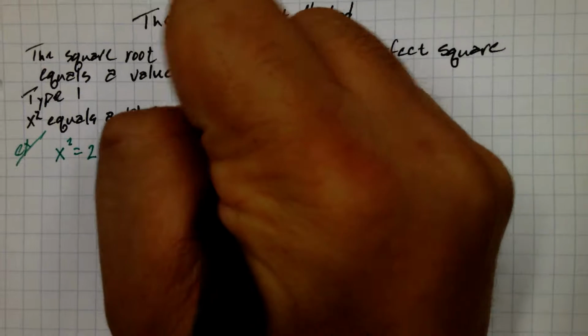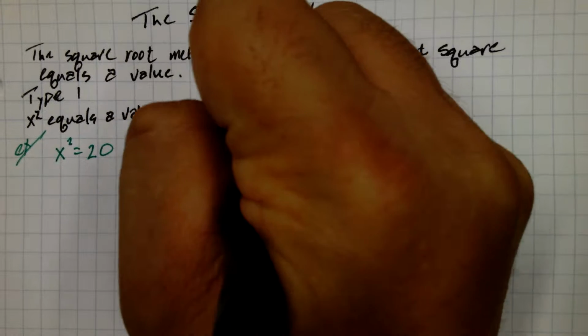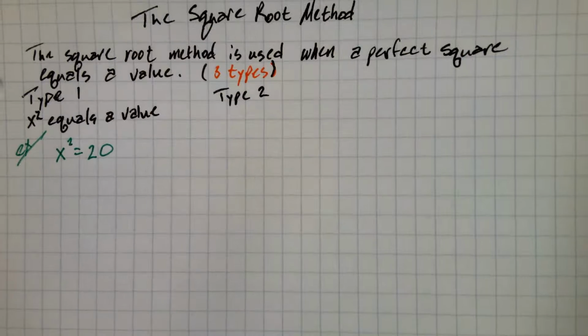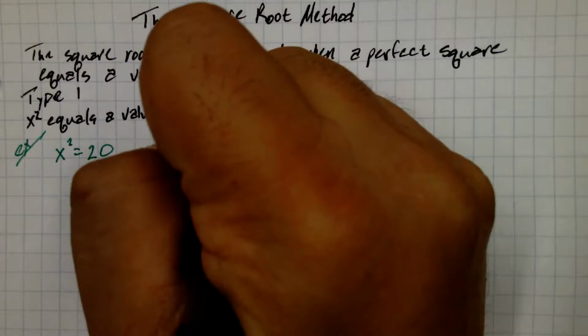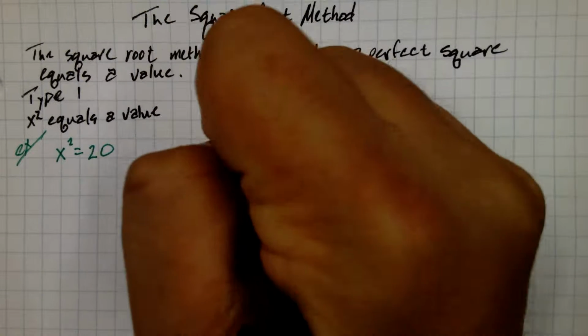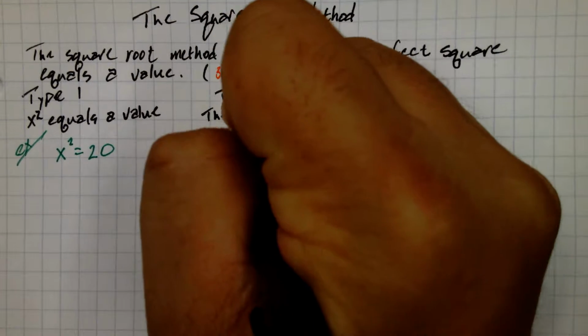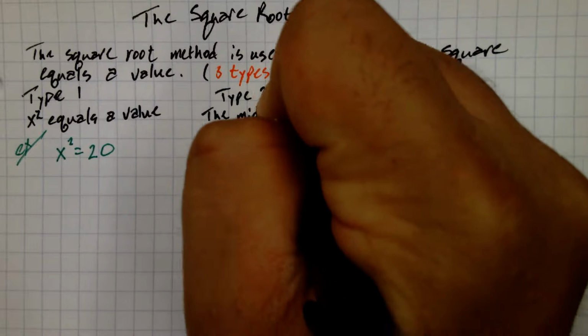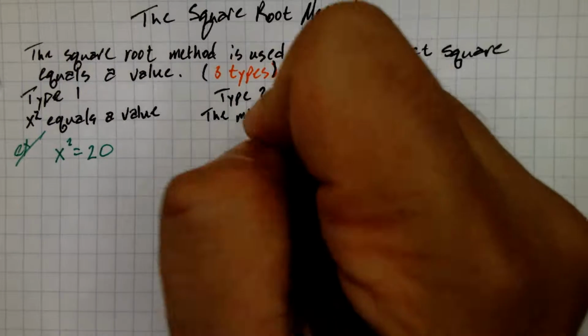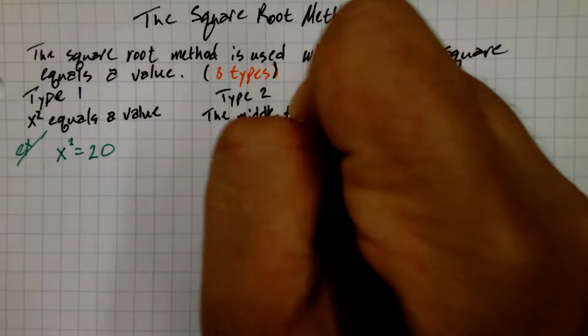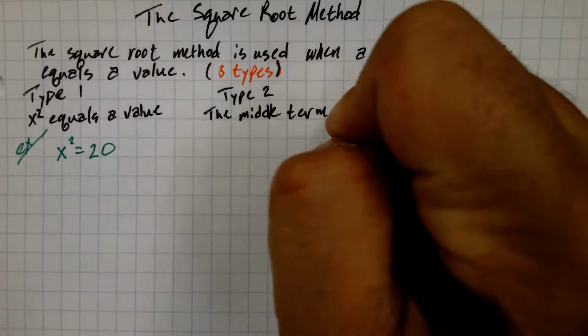Type two. Type two is when the middle term is missing.